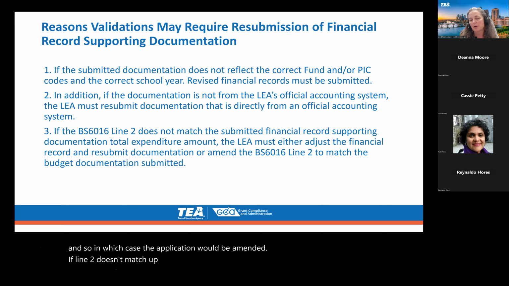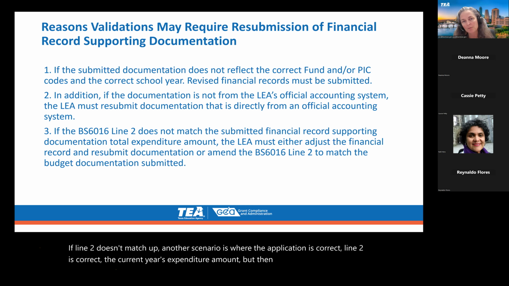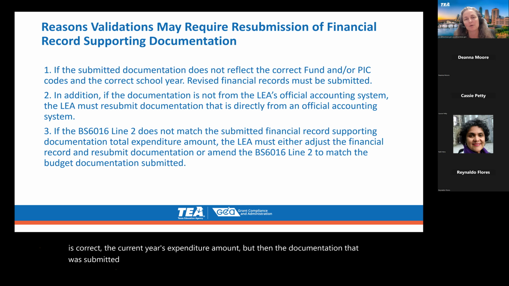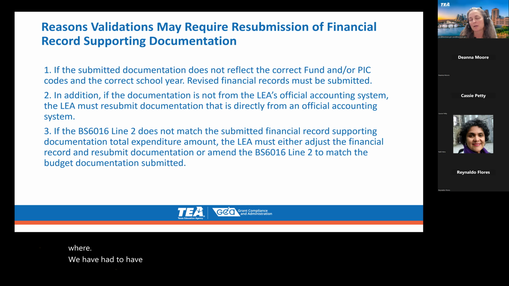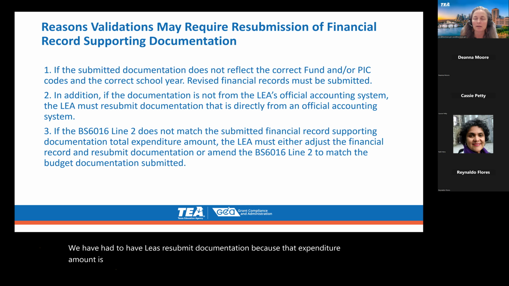Another scenario is where the application is correct, line 2 is correct, the current year's expenditure amount, but the documentation that was submitted is incorrect. It just depends on the scenario, but this is another one where we have had to have LEAs resubmit documentation because that expenditure amount is not matching line 2 on the application.